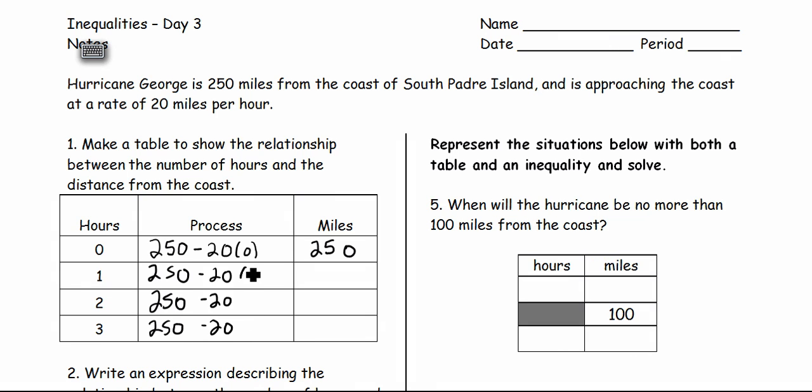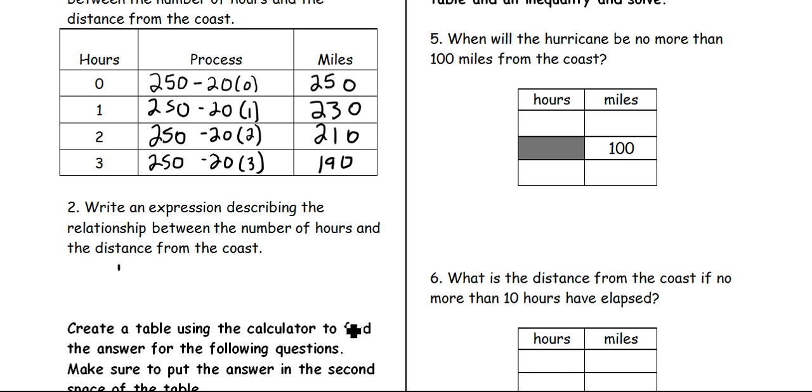And then this is times 1, times 2, and times 3. So if you put this in your calculator or figure it out in your head, this is going down by 20 each time. So we can come up with that.